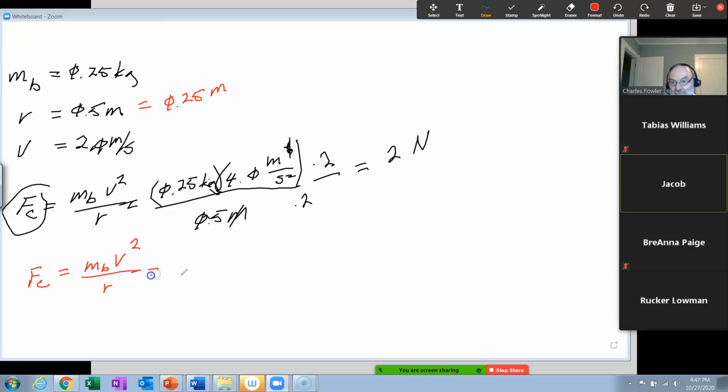So this will be 0.25 kilogram, same as before, times velocity, same as before, 2.0 meters per second, but we're going to square it, so that's going to be 4.0 meters squared per second squared. Keep up with your units, they're your friends. But now the radius is going to be 0.25 meters.